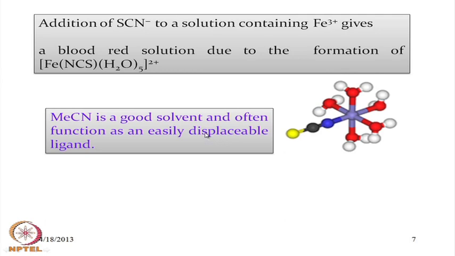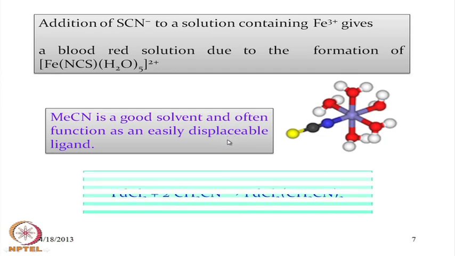So, when we study the ligand displacement reaction or ligand substitution reaction, acetonitrile should be a very good ligand surrounding the metal center. Acetonitrile will be displaced and some other new ligand can come and bind to the metal ion.